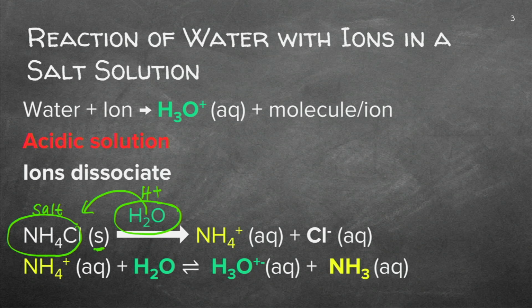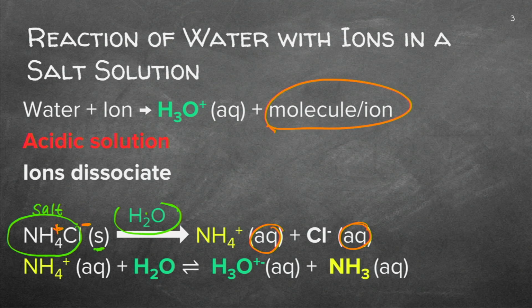And can you see these two will then separate? The water will be surrounded here and these ions will separate. So I've got the water surrounding. I've got the ammonium chloride dividing into ions, and that's now the two ions I'm sitting with.